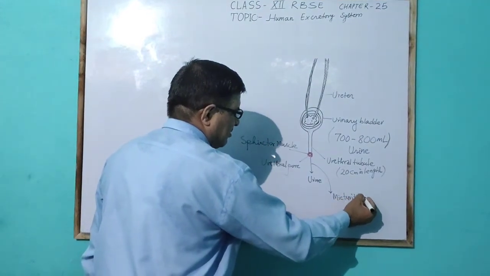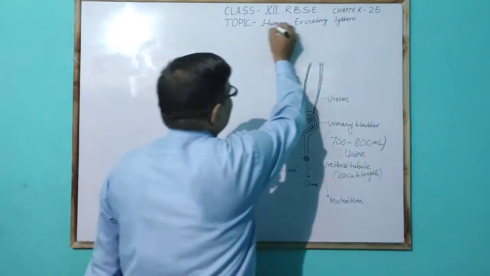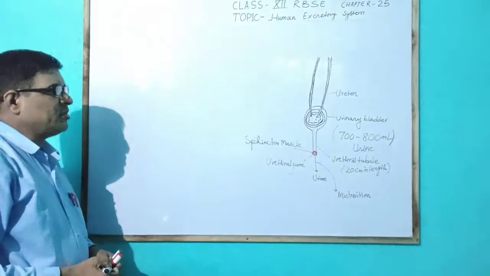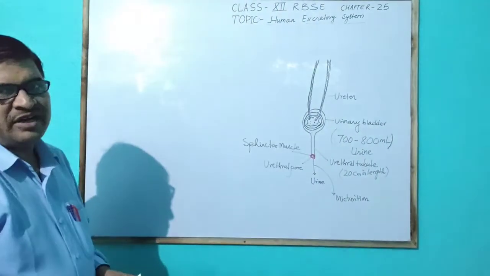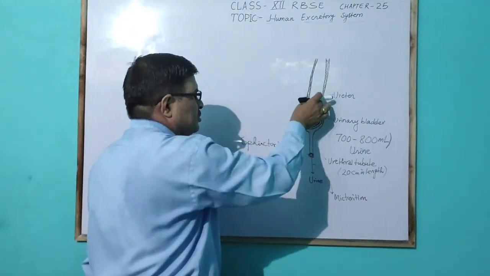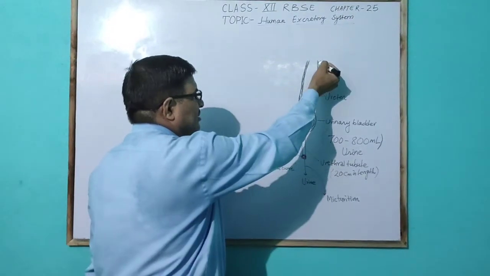In this way, the human excretory system has been discussed, which has four parts: one pair of kidneys and one pair of ureters, which are long and tubular and have ridge and groove-like structures on the inner wall.